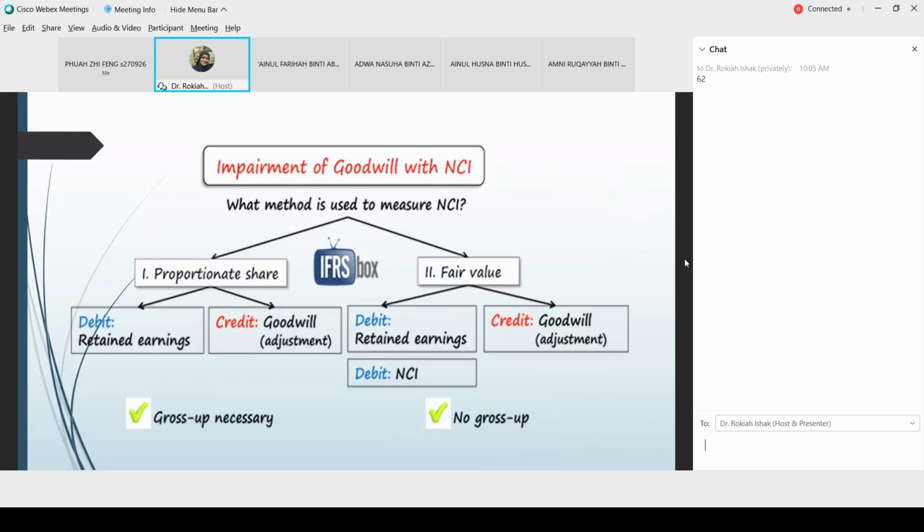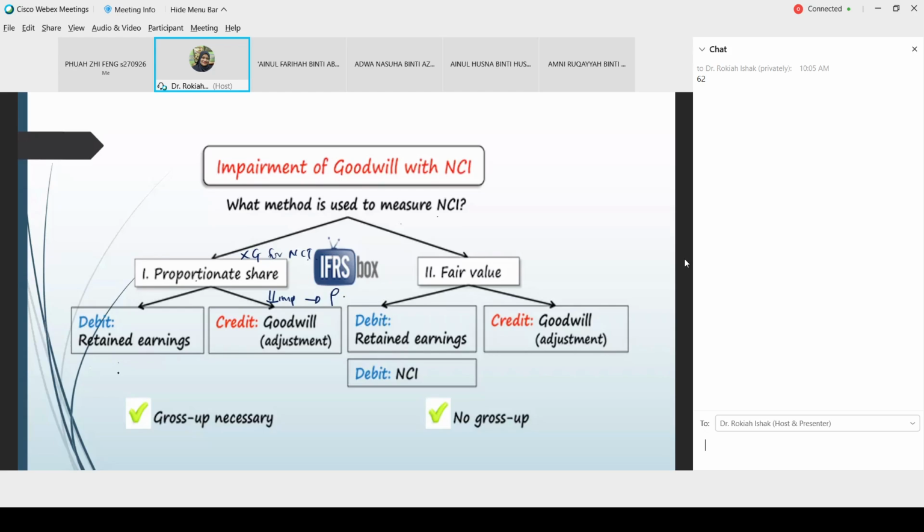So we try to look at this one. This one will help you to understand. What method do we use to measure NCI? If your method is the proportionate method, it means that there is no goodwill for NCI. So when you prepare the journal entry, all the amount of the impairment loss is going to be allocated to the parent.